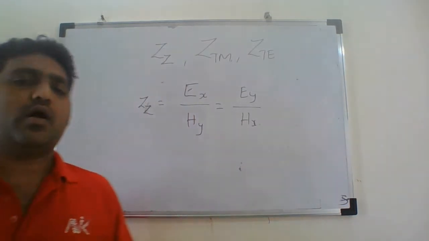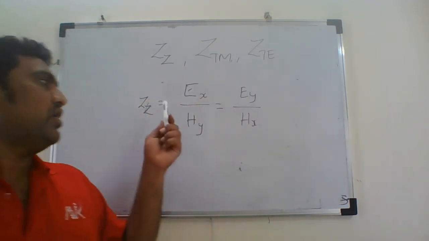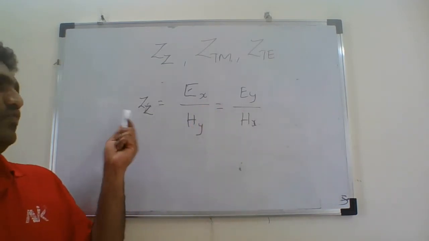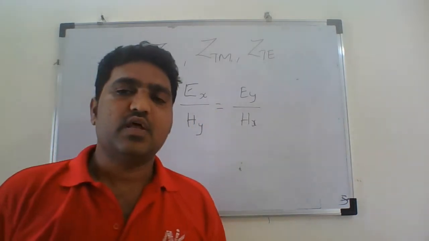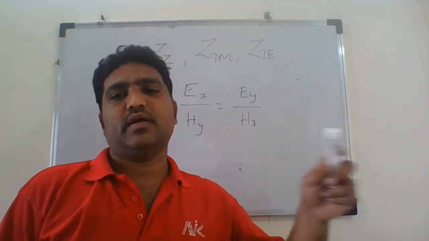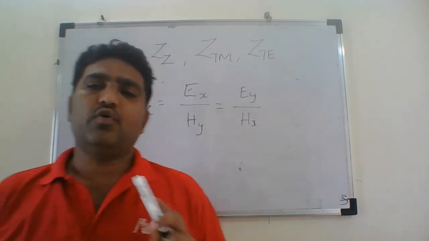In general the transverse components are x and y, so Ex by Hy or Ey by Hx is what we refer to as the wave impedance. We cannot take Ex by Hx or Ey by Hy. That is not correct.